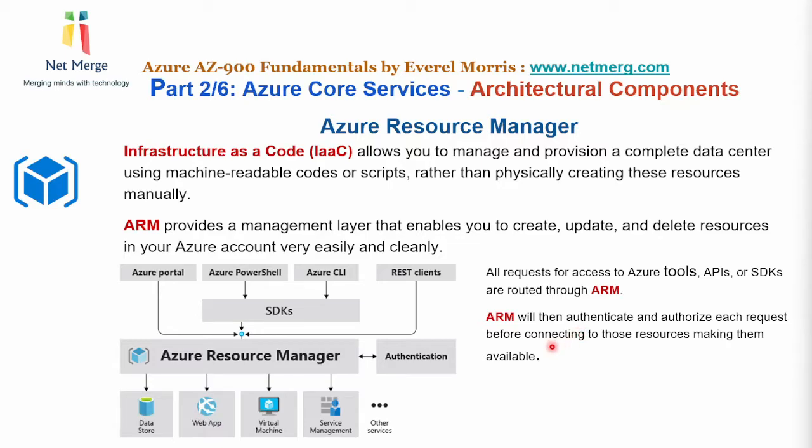The Azure Resource Manager has to authenticate you and give you access to that resource. So if you're using the cloud, Windows PowerShell, or the Linux or the Mac PowerShell, it goes through the SDK. If you're using the REST client, they're all going to go through the same process. The resource manager is going to authenticate you, and then it's going to lead you on to the actual resource that you want to get access to.